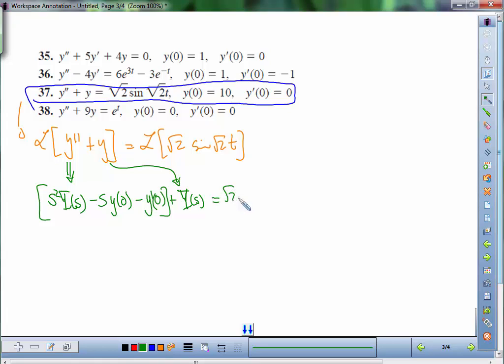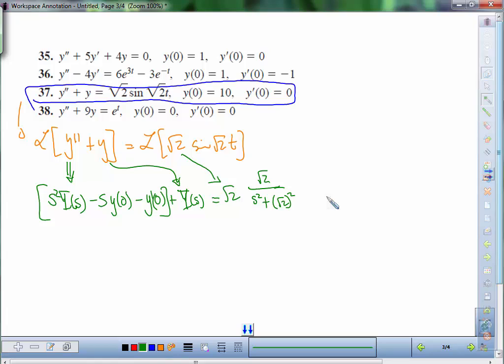So the square root of 2 is sitting out here. That square root of 2 is independent of this square root of 2. So the constant k is square root of 2 divided by s squared plus the square root of 2 squared.